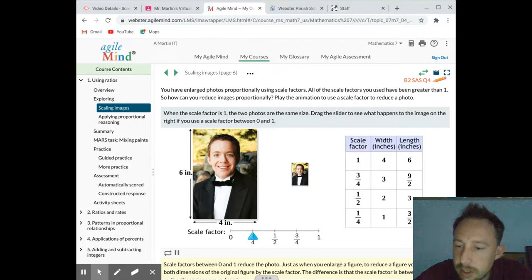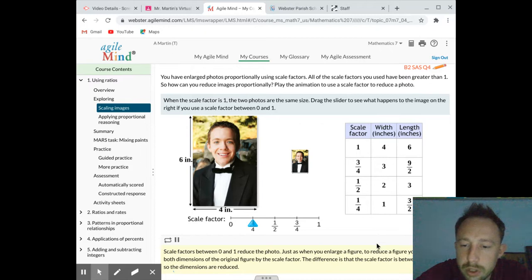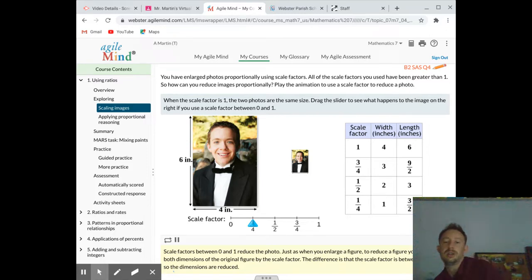All right, so let's look at this. It says the scale factors between 0 and 1 reduce the figure. Just as when we enlarge a figure, to reduce a figure, we multiply both dimensions of the original figure by the scale factor. The difference is that the scale factor is smaller than 1, or a number that is between 0 and 1, so the dimensions are reduced. What makes a dimension get larger?